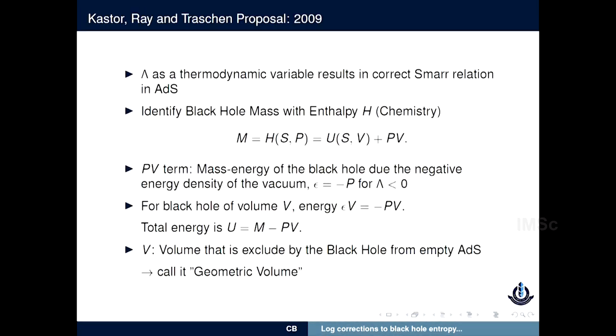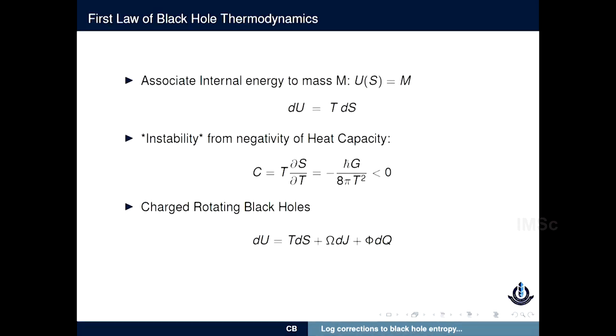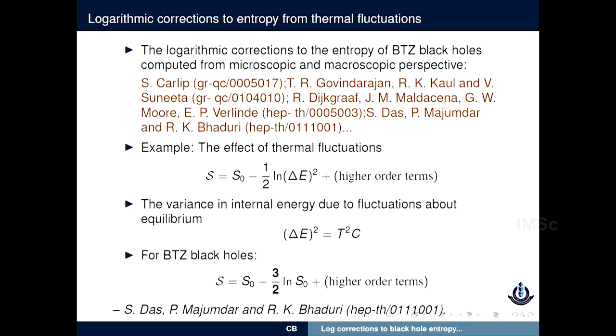Let me go back a couple of slides. Yeah, earlier there were these log corrections here to the entropy of black holes, which were computed in a setting where you had only thermal fluctuations. Okay.